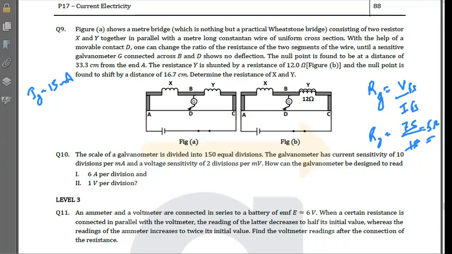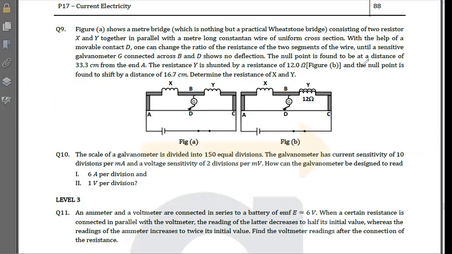Okay. And now ये information है. Whenever we have any doubt, these informations we require. IG RG चाहिए होता है. तो IG निकल गया 15 milliampere. RG निकल गया 5 ohm.